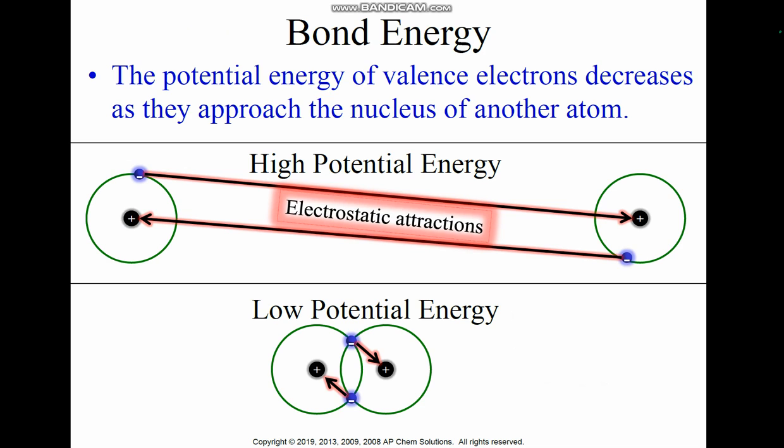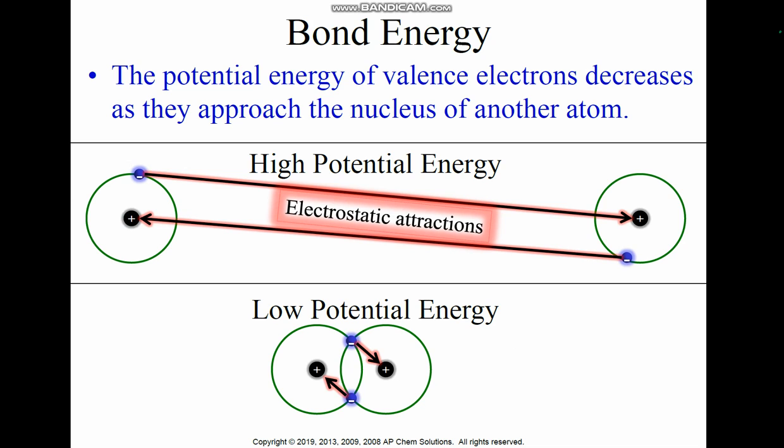Usually, like for H2, we looked at that graph a couple days ago, and the bond length is 0.074 nanometers, and that is actually the average bond length for H2. This can change a little bit. It's kind of like a spring. It'll get a little bit closer and a little bit farther apart, but the average is about 0.074.